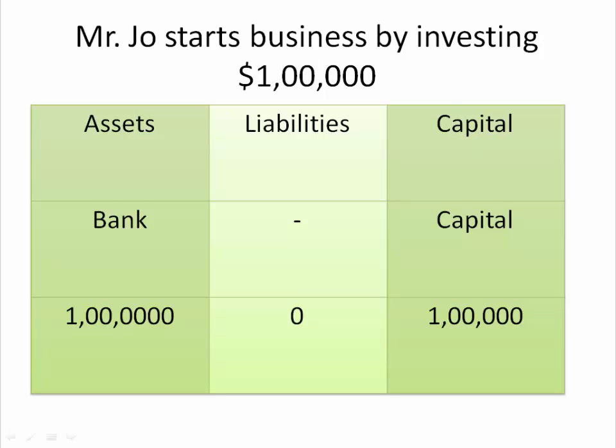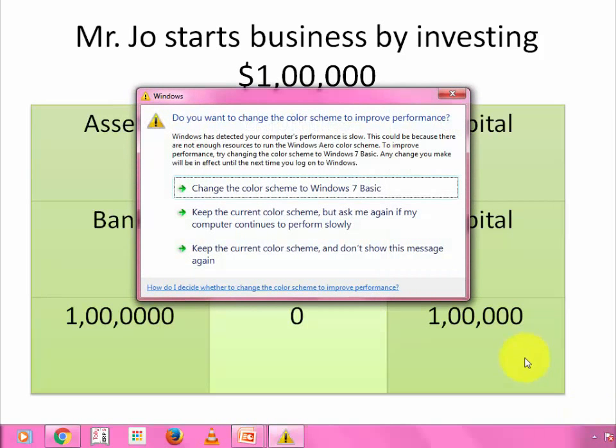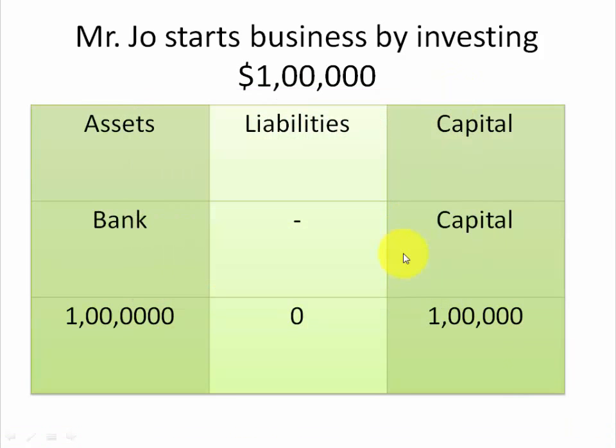Let's understand the accounting equation through an example. Mr. Joe starts business by investing $1 lakh. In this transaction, first we recognize the accounts involved. Two accounts are involved, bank account and capital account.